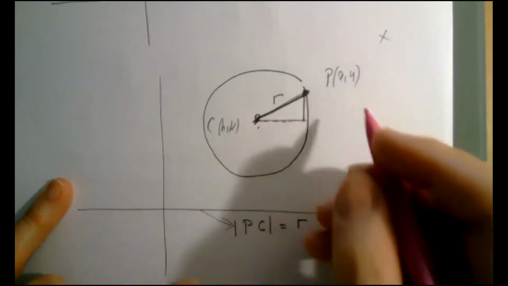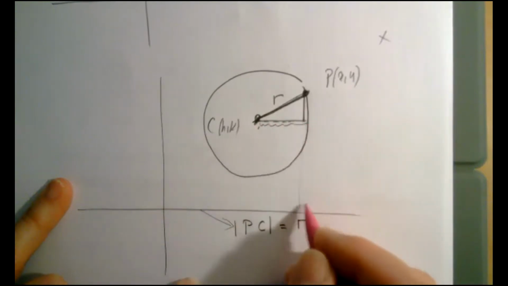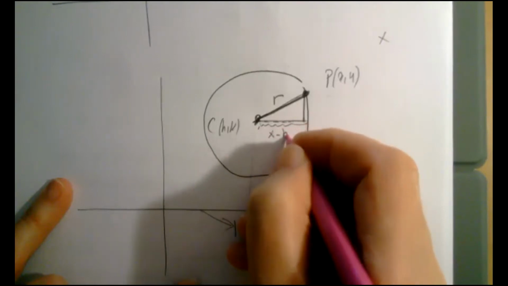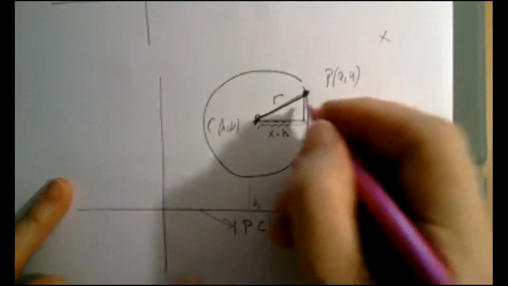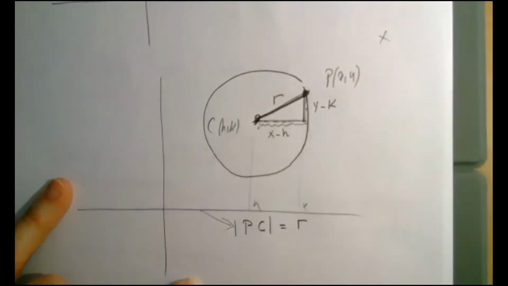Pythagorean theorem will tell me the following. From here to here, this is x, and this is h. This is x minus h, and this is y minus k.